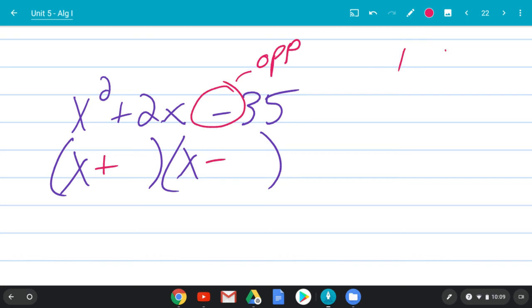So I start with 1 and 35. 2, does 2 go into 35? No. Does 3 go into 35? No. Does 4 go into 35? Hey, do you know that no even number ever goes into an odd number?